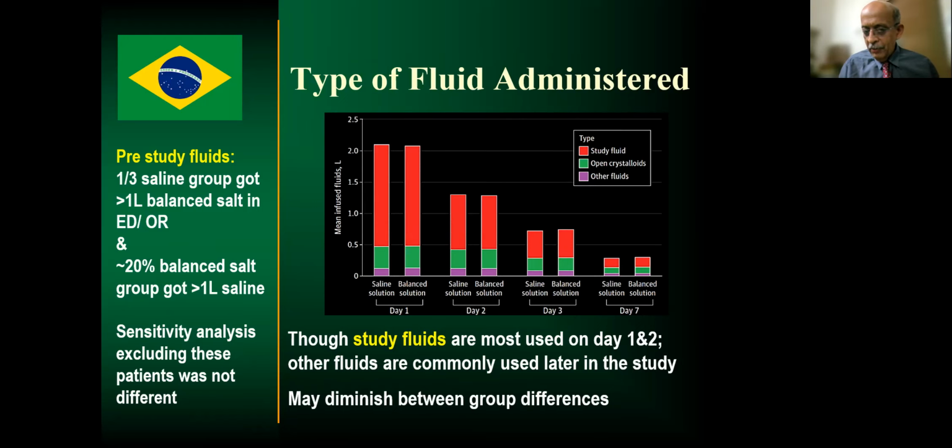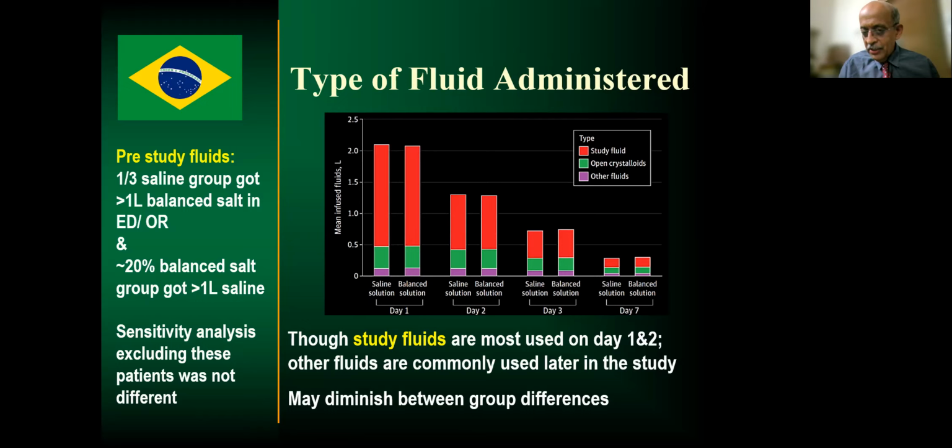It is also very important to recognize that before these patients were admitted into the ICU, a large number of them got the solutions that were in the other arm. So for instance, 1/3 of the saline group got greater than 1 liter of balanced salt solution in the emergency room, and about 20% of the balanced salt group got at least 1 liter or more of saline.